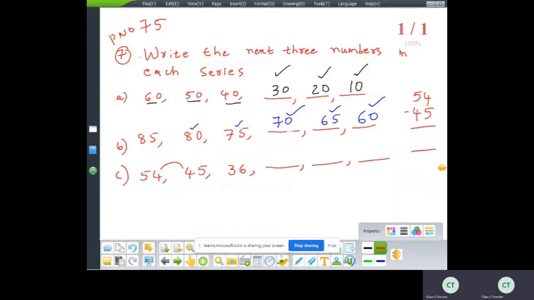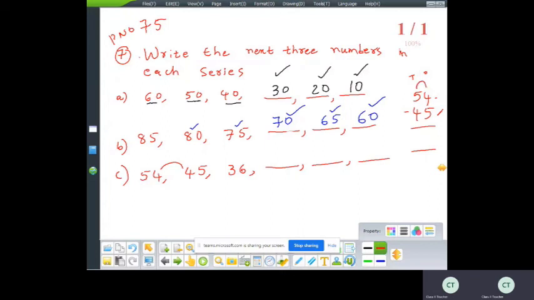Subtraction in ones place: 4 minus 5. We cannot take 5 from 4. We cannot take a bigger number from a smaller number. So we take borrow from the bigger number.